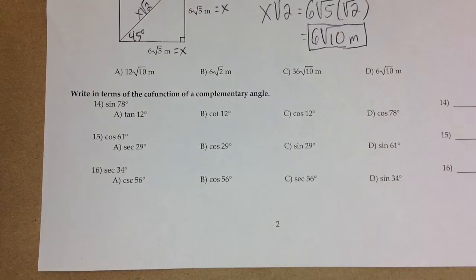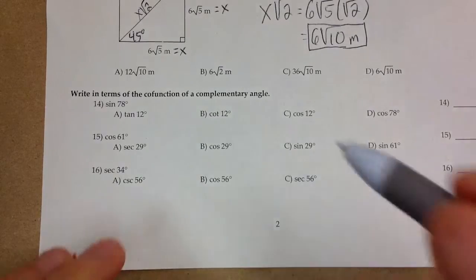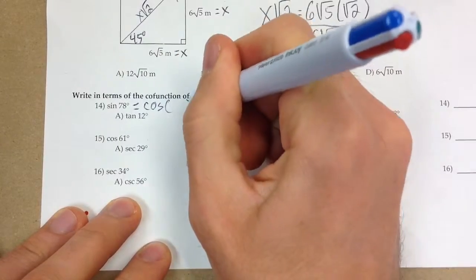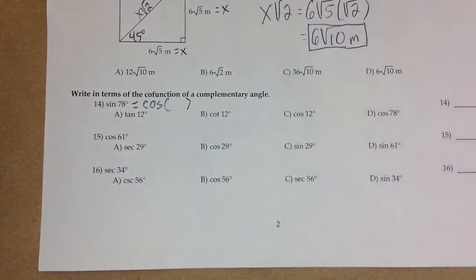Cosine. Just put a CO in front of the word. Or strip the CO away, and then you found the cofunction. Now, second question: the sine of 78 degrees is equal to the cosine of how many degrees, Nikki S?